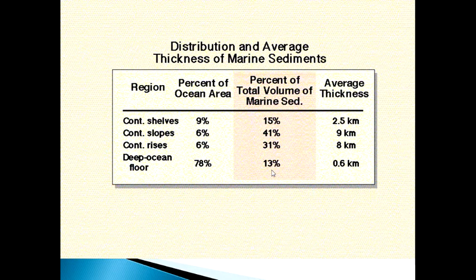The previous slide said that rivers are the prominent delivery system of sediments to the ocean, and the rivers are throwing this stuff out on the continental shelves. So you might think, shouldn't the continental shelves have the highest percent?